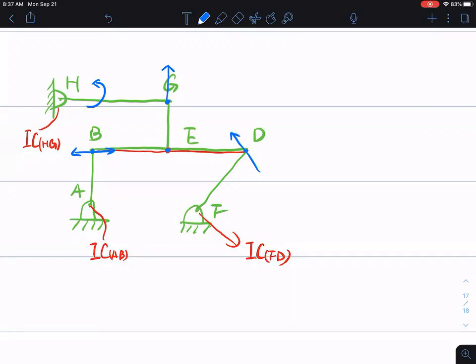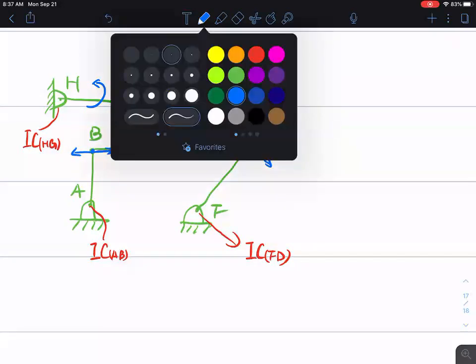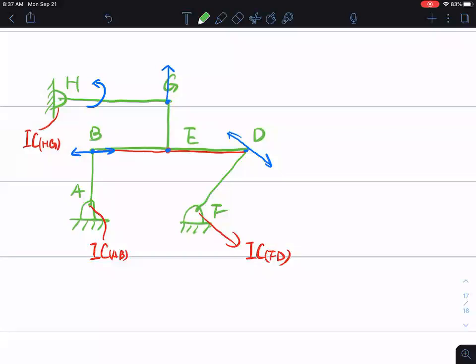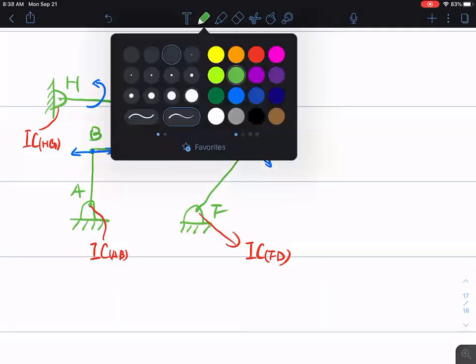Let me redraw this. Now we know the direction of 2 points on this rigid body BD. We can draw perpendicular lines to those directions. Let me use a different color, red.